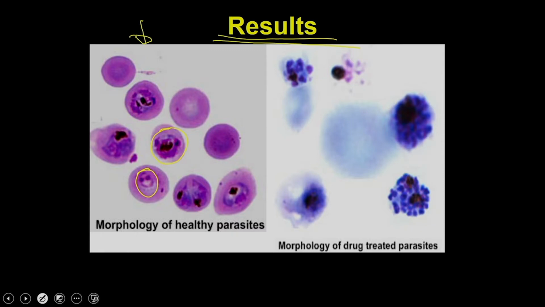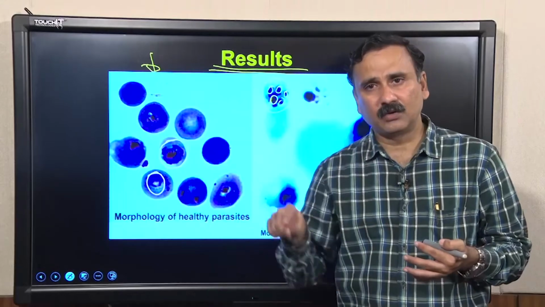But if the ring is not able to convert into the schizonts, or even if it gets converted into schizont but the schizont is dead, then what you will see is an RBC with fragmented cells. You are not going to see a clear nuclear membrane, and you will not be able to see a clear cytosol.